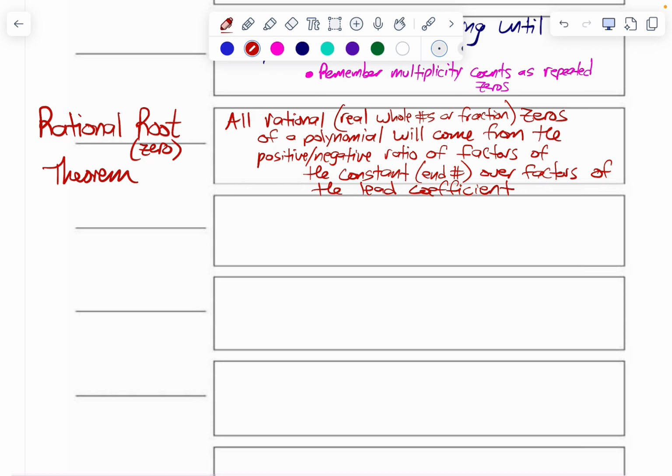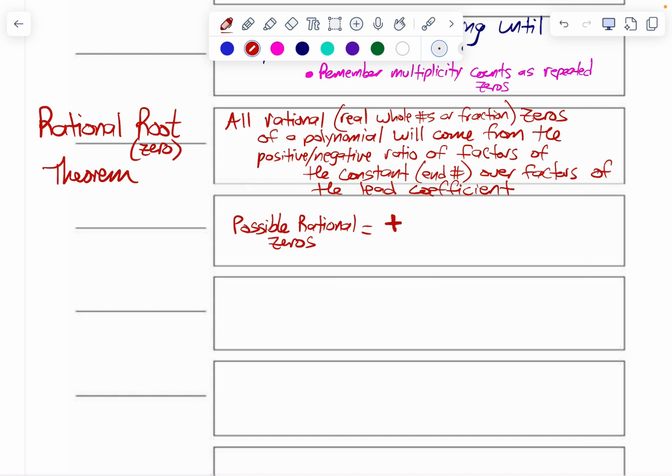Okay. If we want to quickly write it as a formula, I'm going to call this possible rational zeros, because not all of them are going to be that. It just says comes from rational. Sorry guys, I'm having trouble writing. There we go.